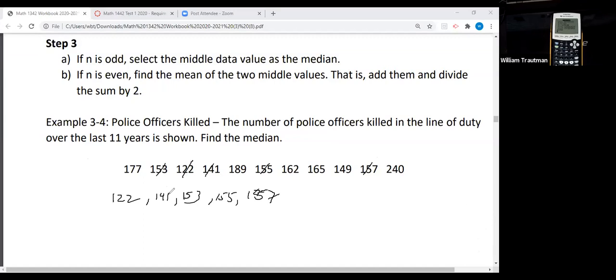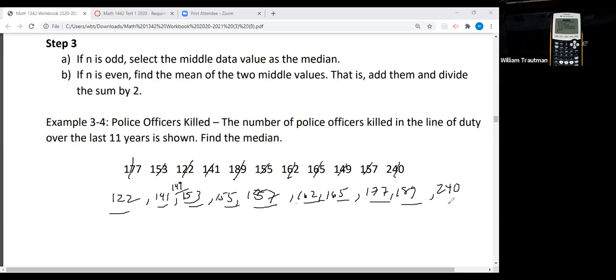Oh, I forgot a 149. 149 goes in right here. 162, 165, 177, 189, and 240. So put the data in order. We have 1, 2, 3, 4, 5, 6, 7, 8, 9, 10, 11.